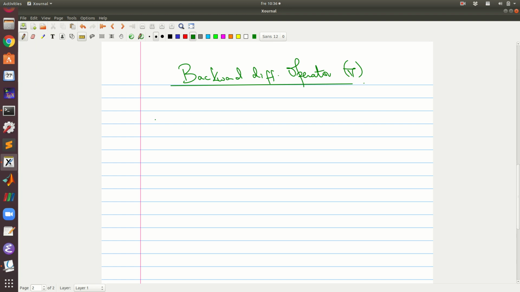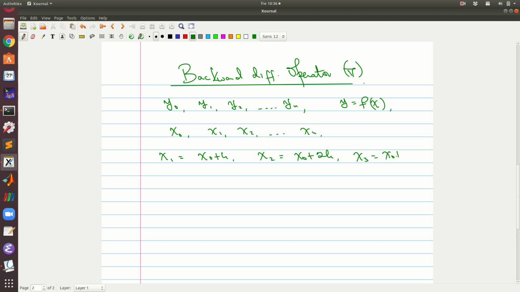Okay, so now we are going to say that for the values y0, y1, y2 and so on up to yn of the function y equals f of x, for equidistant points x0, x1, x2 and so on up to xn, where x1 is given by x0 plus h and x2 is x0 plus 2h, x3 is x0 plus 3h and so on, and xn is x0 plus nh.